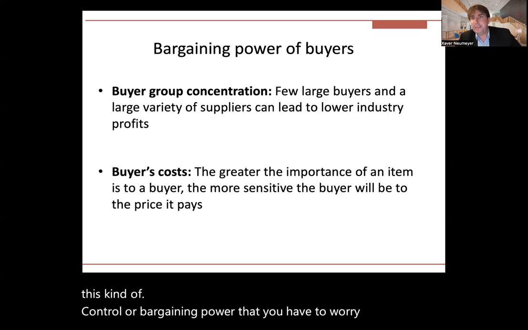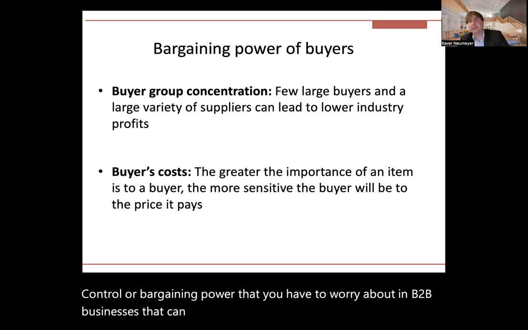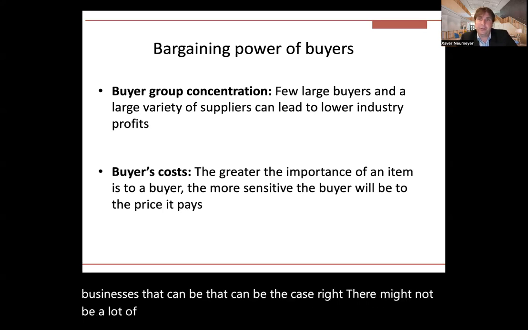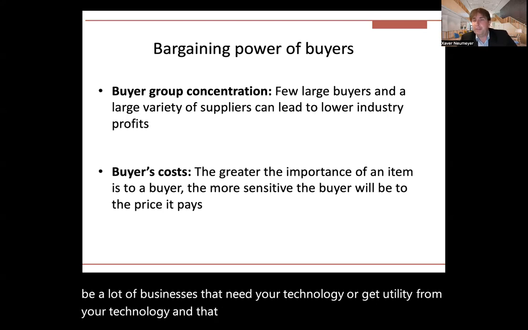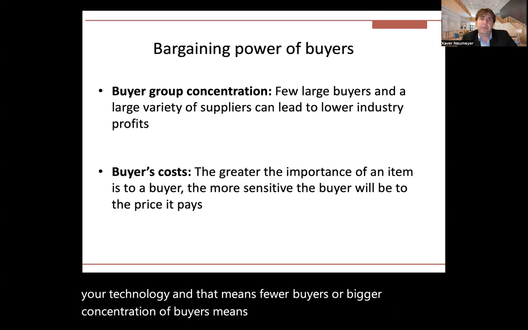In B2B businesses, that can be the case, right? There might not be a lot of businesses that need your technology or get utility from your technology, and that means fewer buyers or a bigger concentration of buyers means you have lower bargaining power.